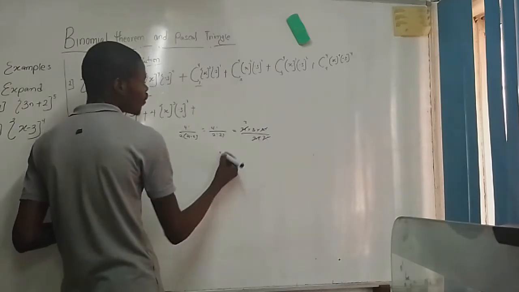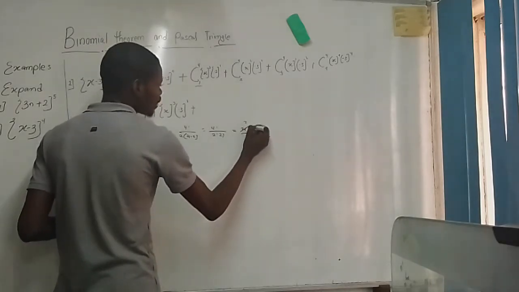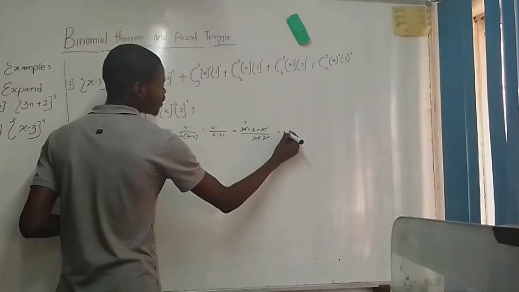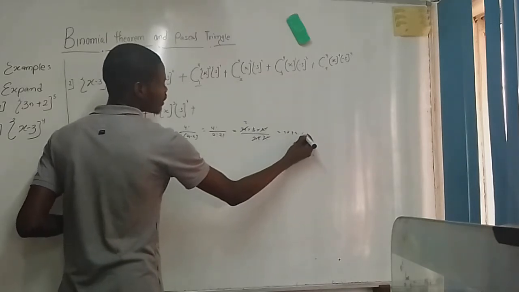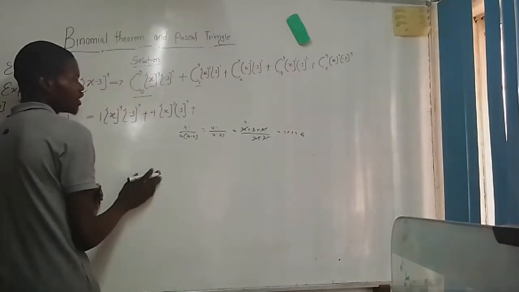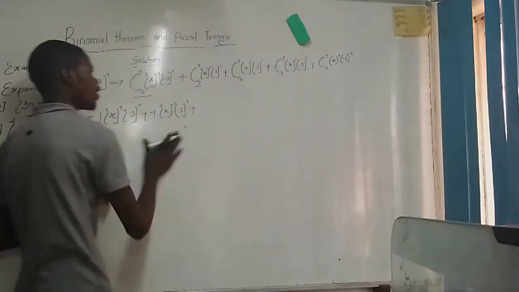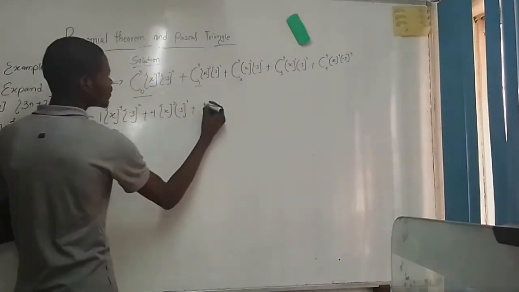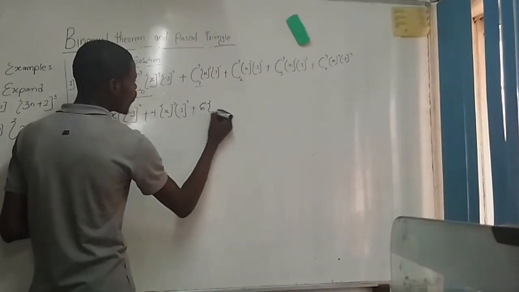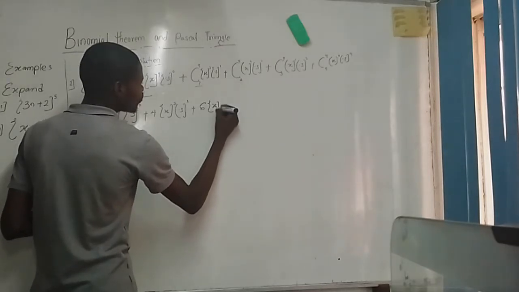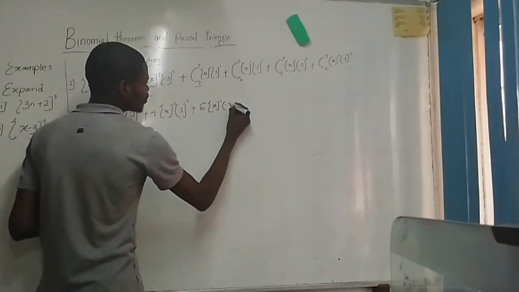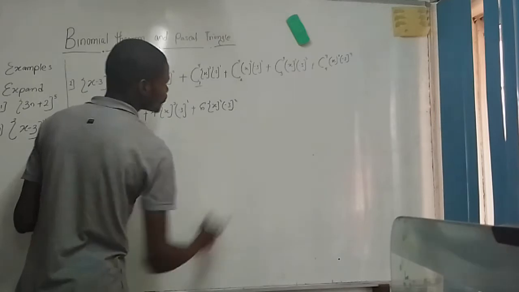So you are going to have 6. 2 times 3 is what? 6. Do you understand? So we are going to have 6 open bracket x raised to power 2, then minus 3 raised to power 2.